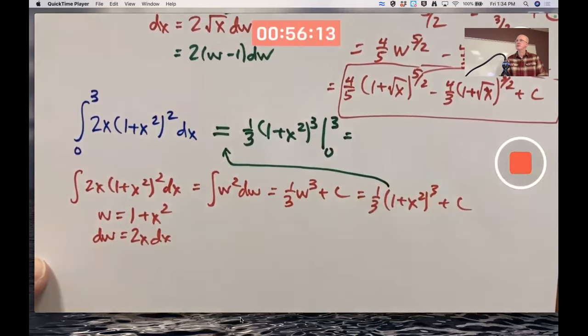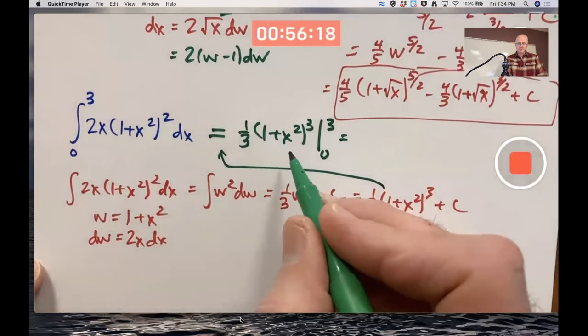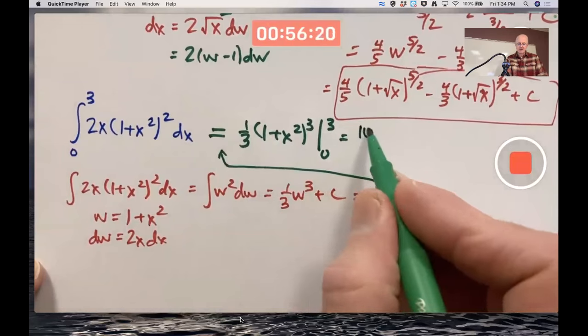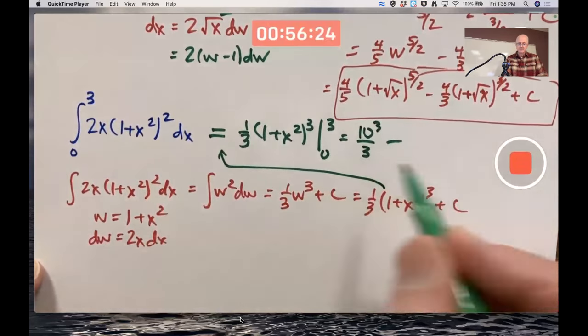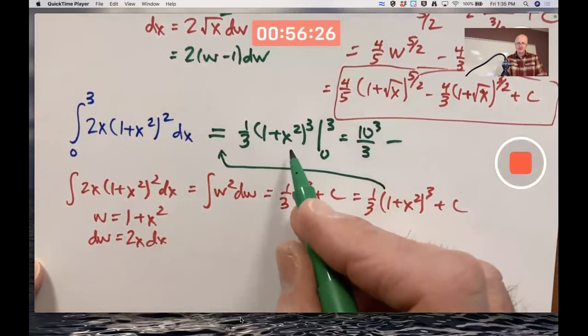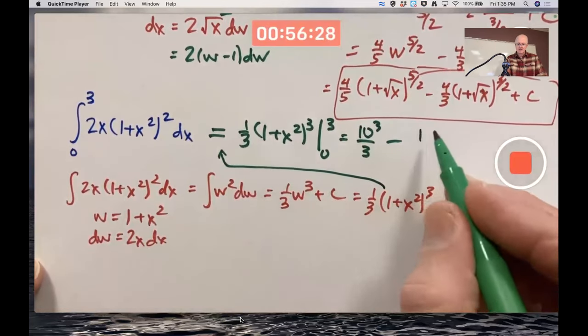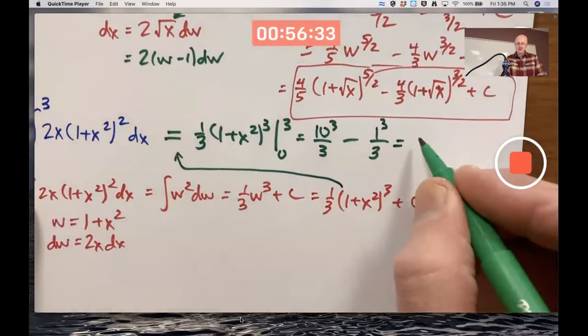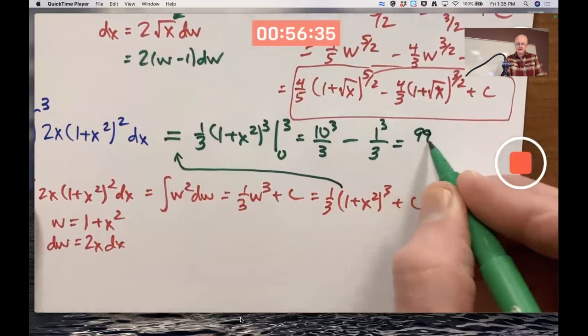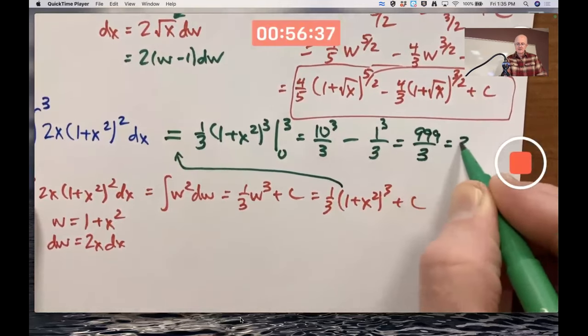And then plug the numbers in. 3 squared is 9, plus 1 is 10. You get 10 cubed over 3 minus, plug in x equals 0, you get 0 squared is 0, plus 1 is 1, cubed over 3. 10 cubed is 1,000, minus 1 is 999. The answer is 333.